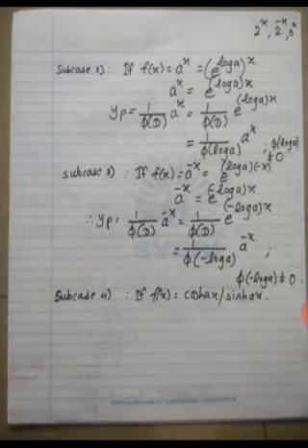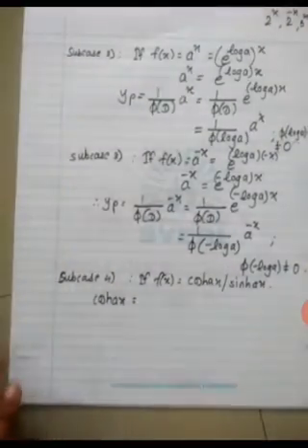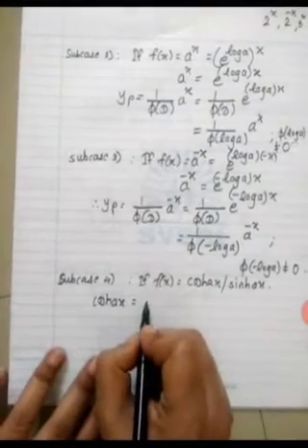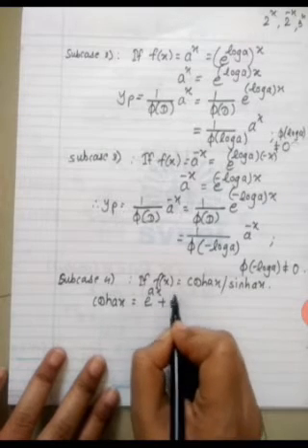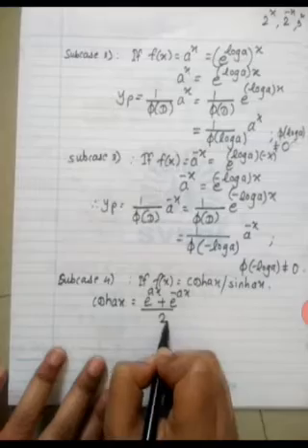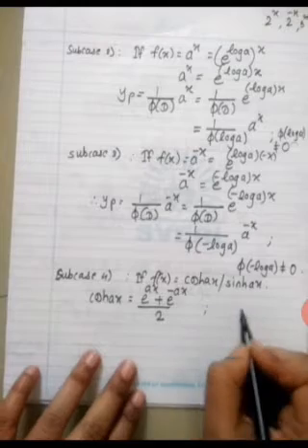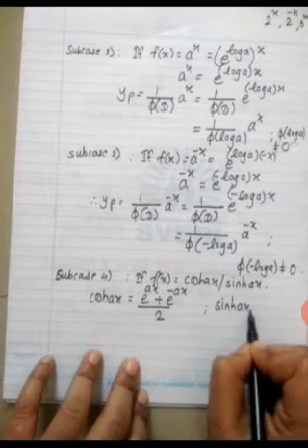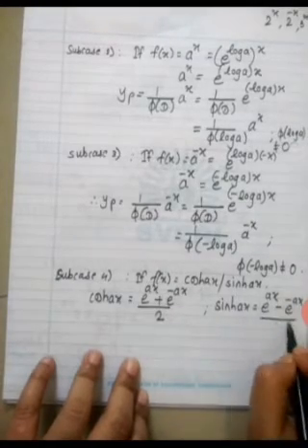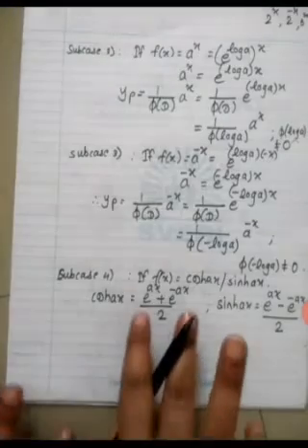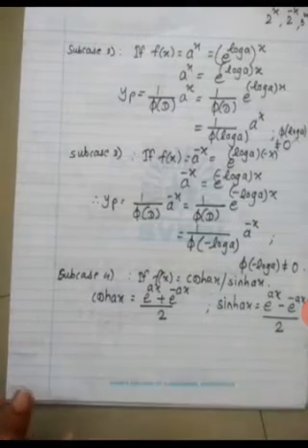Cos hyperbolic ax is e raised to ax plus e raised to minus ax upon 2, automatically converted into e. Sin hyperbolic ax is e raised to ax minus e raised to minus ax upon 2. These two functions we will separate, with the denominator for both, and solve them separately.